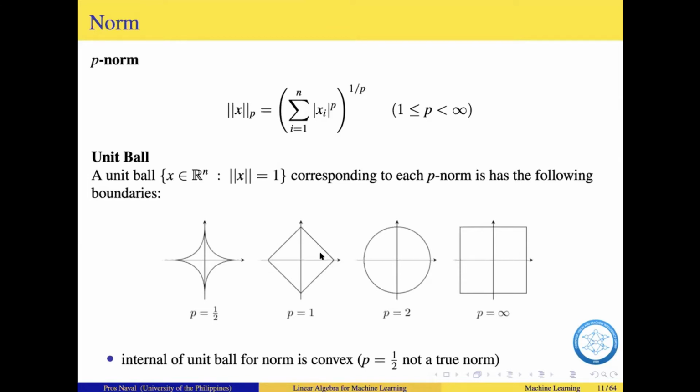That's what characterizes a true norm. But for P equals 1/2, this is not convex. Therefore, when P is equal to 1/2, we don't have a true norm.